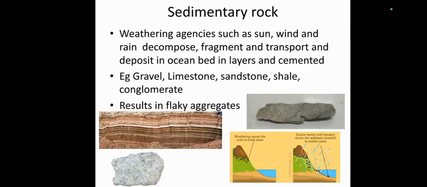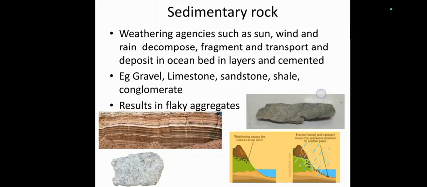Sedimentary rocks are identified by their formation of layers, and moreover the strength is somewhat low when compared to igneous rocks. Some examples are gravel, limestone, sandstone, shale, and conglomerate. These are all flaky aggregates. Flaky means it will have a flat shape. That means one thickness will be less, so it can be easily breakable, and it is not much recommended for concreting.